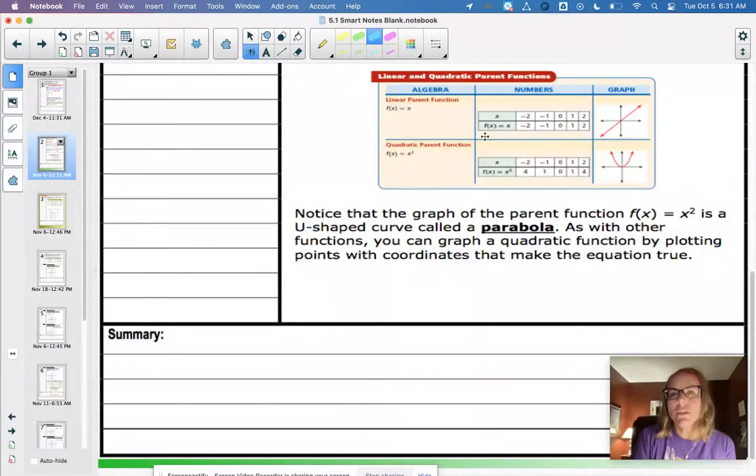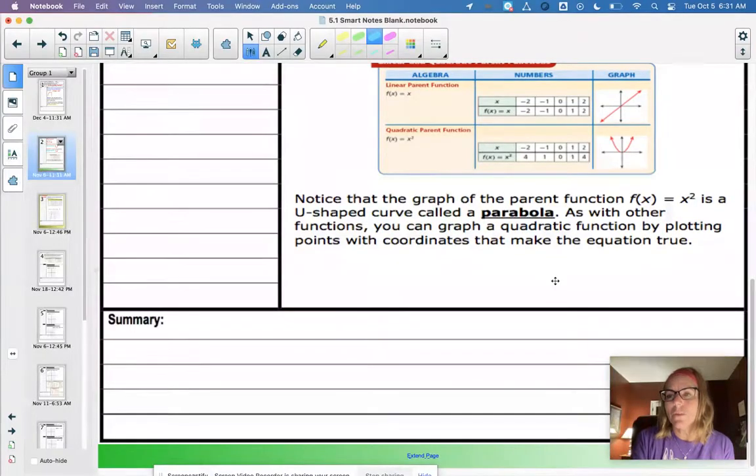So on this section, it shows a linear parent function. There are various x values. You plug them in, you get your y values, you create a line. And then they're showing an example of what a quadratic parent function looks like. Notice that the graph of the parent function, f of x equals x squared, which we already know is the parent function for a quadratic because we studied that already, is U-shaped.